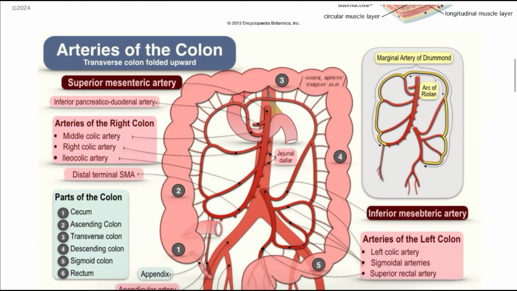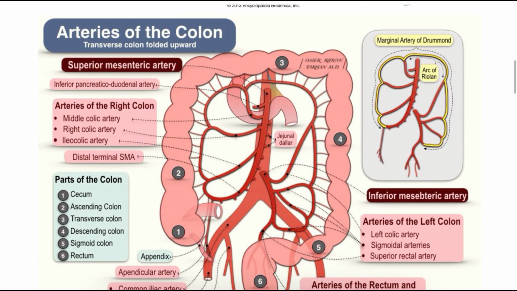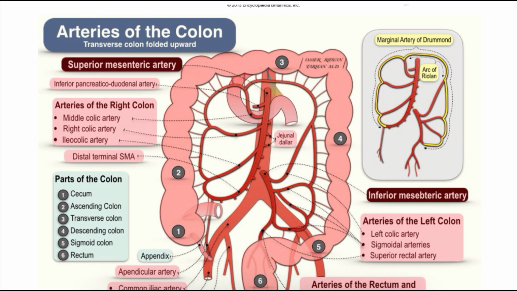Next, you can see here the blood supply of the large intestine. In the proximal large intestine, you can see the superior mesenteric artery, which supplies the proximal colon, and the inferior mesenteric artery, which supplies the distal colon.